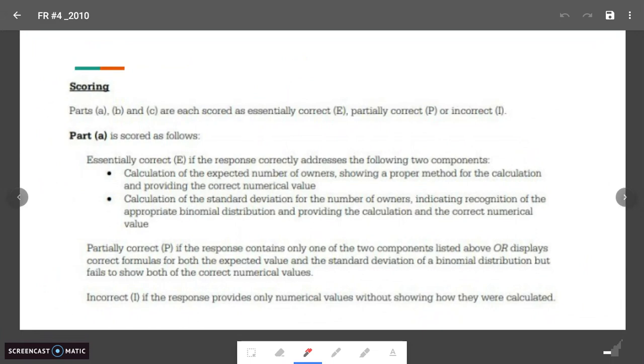As long as you showed them both correct, you would have gotten an E here. Partially correct would have been if you got one of the two, or what was nice too, they even said that if you showed both of the correct formulas and then made a mistake with the numerical value. So if you would have written down both your formulas, you could have pulled off a P as well. And then incorrect would be only one without showing how they were calculated.